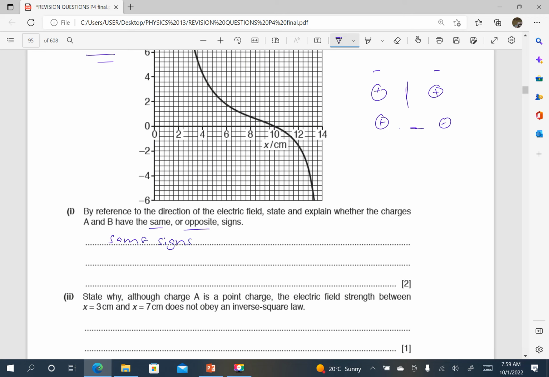The reason: there is a point between A and B where the field is 0. Or you could say the fields change direction between A and B.